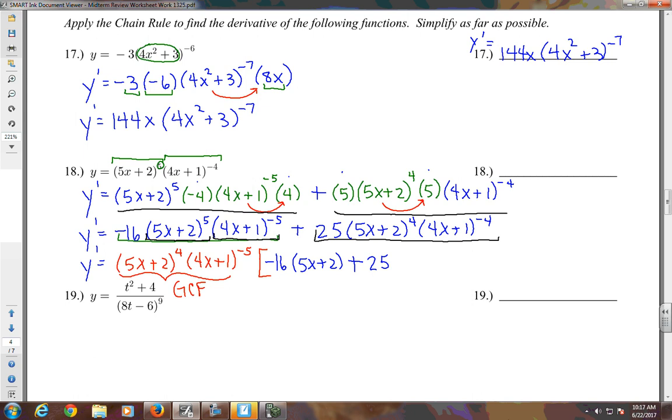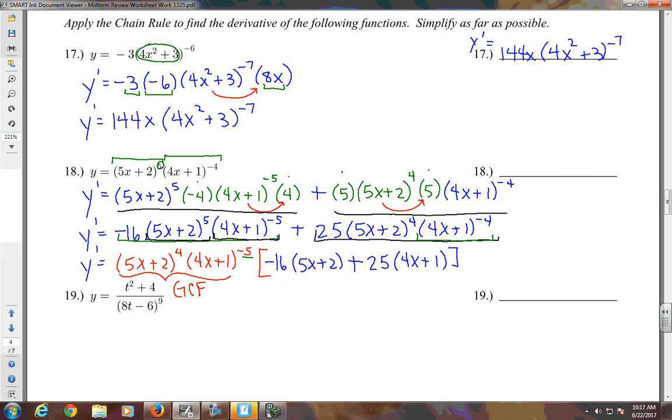But we do need to look at this term. We have 4x plus 1 raised to the negative 4th, and our GCF has it raised to the negative 5th. So remembering that when you multiply like bases, you add the exponent. I'm going to need 4x plus 1 to the 1st power. Now, I can hear you saying, what just happened, Miss Cornell? What did you just do?